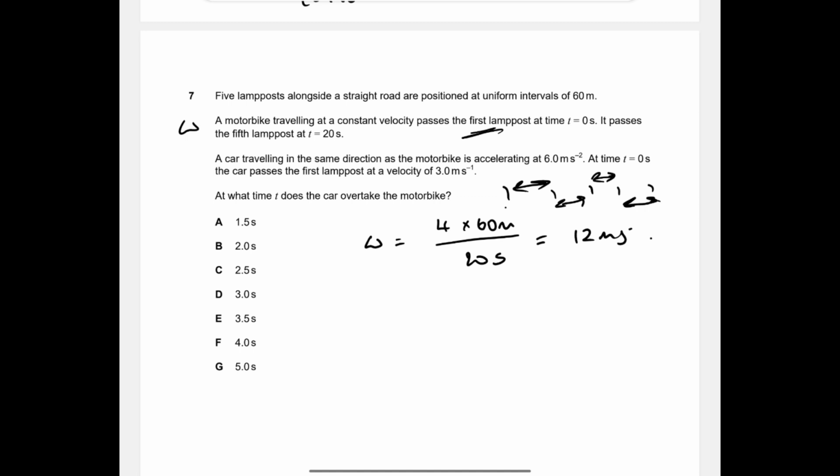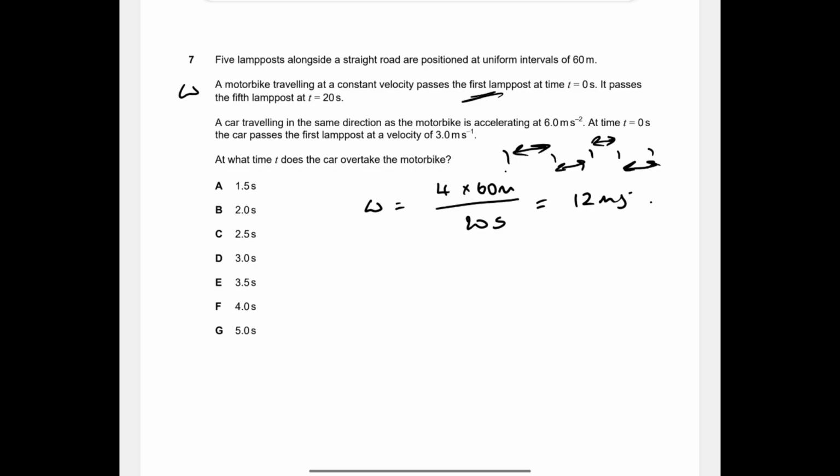And then a car traveling in the same direction as the motorbike is accelerating at 6 meters per second squared, at time t equals 0 at the first lamppost at a velocity of 3 meters per second. At what time does the overtake happen? The distance traveled by the motorbike is going to be the same as the distance traveled by the car, which is accelerating, so I've used that suvat equation.